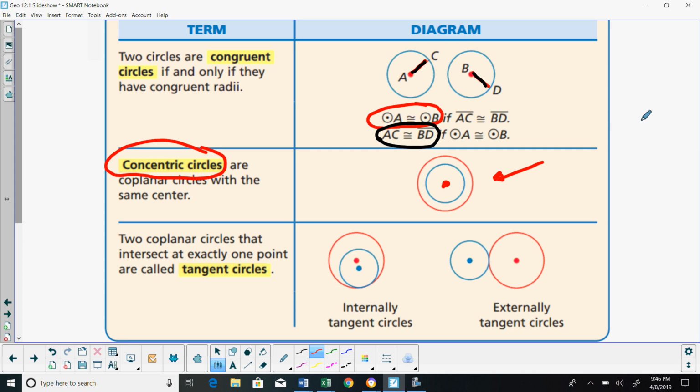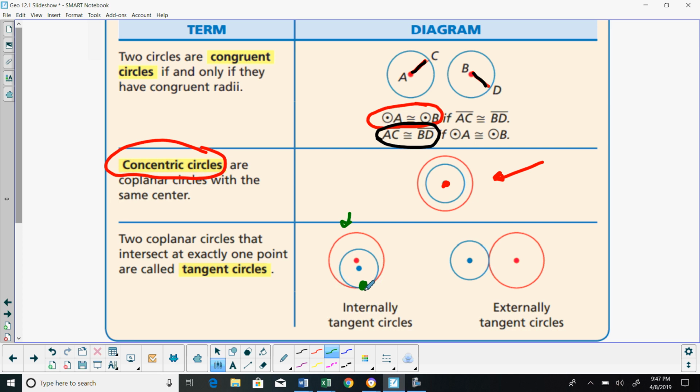All right, and then we can also talk about two coplanar circles that intersect at exactly one point are called tangent circles. So these two circles drawn in this diagram here are not concentric, they've got a different center, but they are called tangent circles because they do intersect at exactly one point.